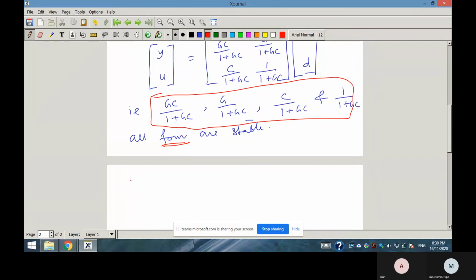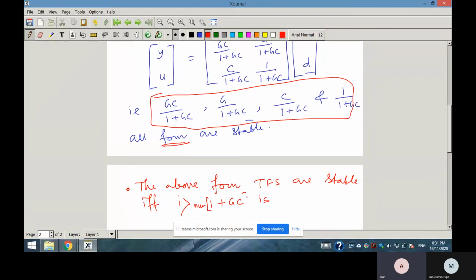One result is there: the above four transfer functions are stable if and only if, it can be proved, the numerator of 1 plus GC is a stable polynomial.